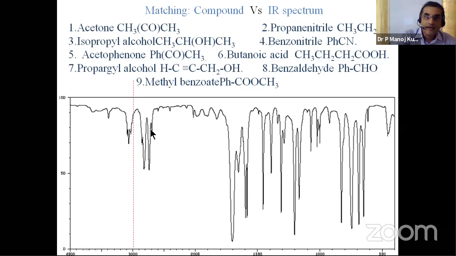Now, again, what about these two peaks? See the position of the peaks. Where do you get that peak? 2000, 2100, 200, 300, 400, 500, 600, 700. You are getting it around 2700 and 2900.